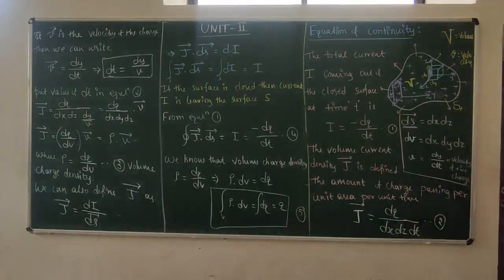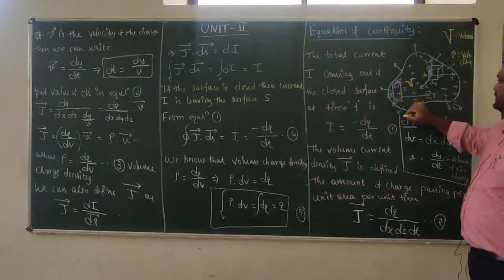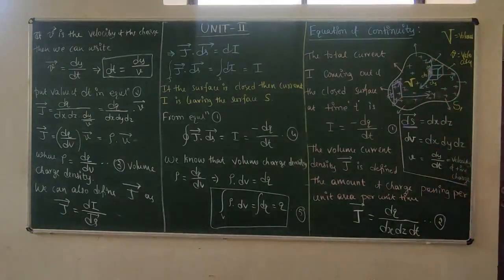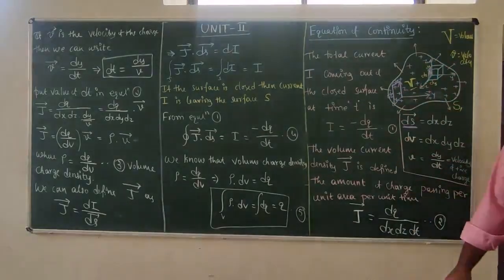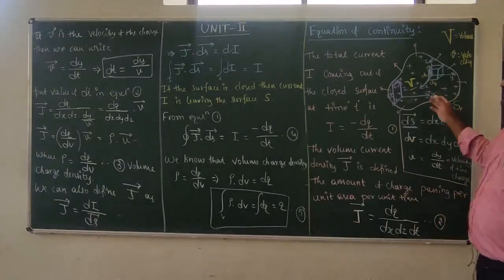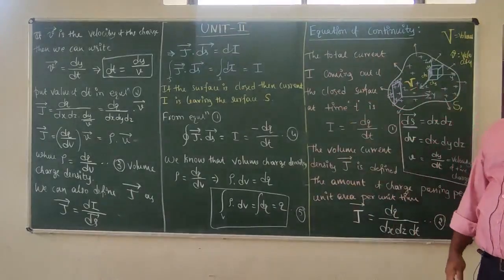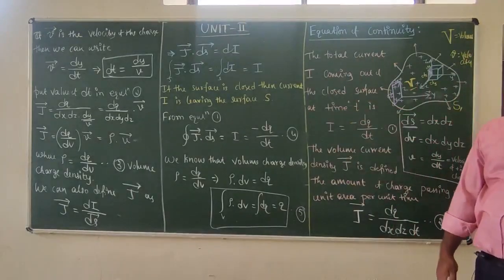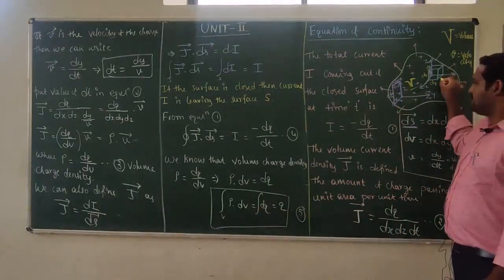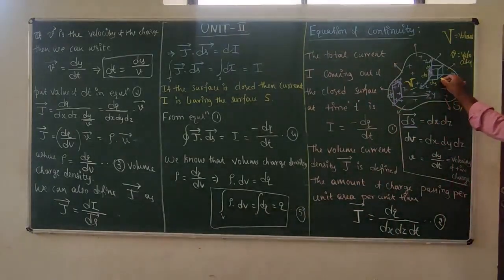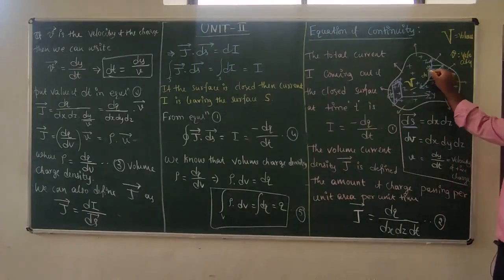Now, in order to study the law of conservation of charge, we don't consider the entire volume in one stretch. Similar to the electric flux, where we considered infinitesimally small surfaces, here also we are going to consider an infinitesimally small volume dV, or parallelepiped.